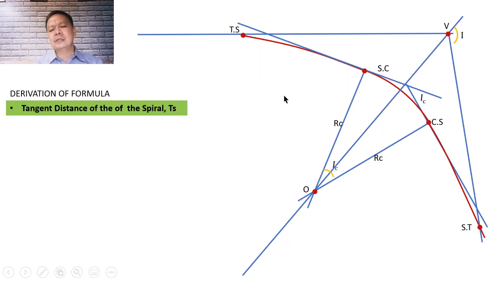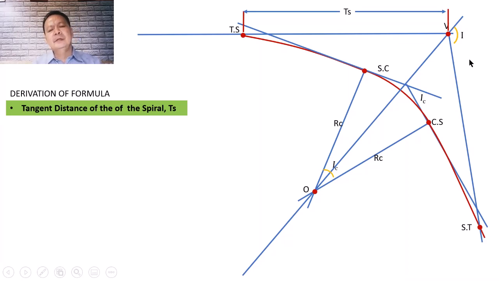Now let us try to find out alin ba yung hinahanap natin ditong element. Yung element na hinahanap natin dito is the tangent distance of the spiral. At yung tangent distance of the spiral is actually the distance from TS to that of V. Ito yung ating hinahanap na elements. Ayun, di ba? So, we shall be looking actually at this distance at tinatawag natin siyang T sub S, the tangent distance of the spiral.